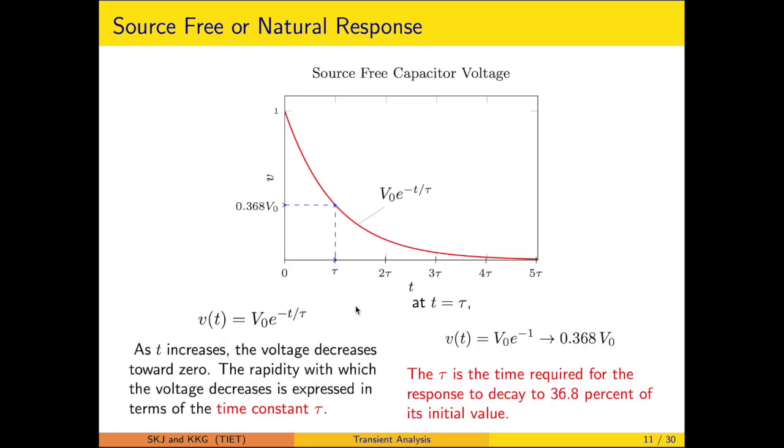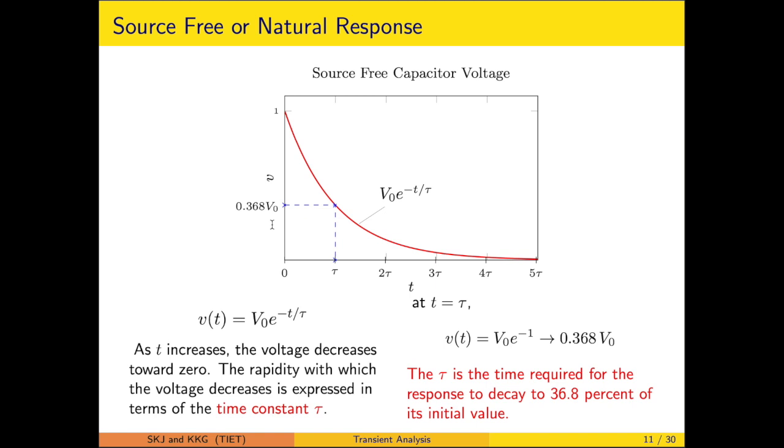Now to further elaborate, suppose we keep on increasing the time, and when the time t becomes equal to tau, the time constant, it attains the level of 0.368 of V0, or you can say 36.8% of the initial voltage level.